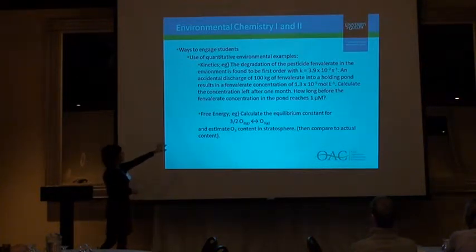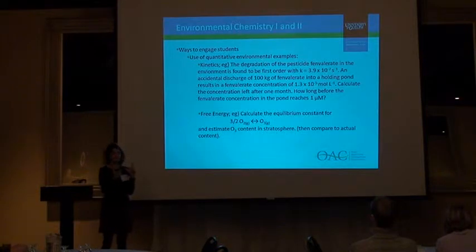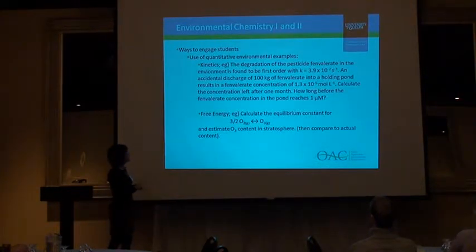And then this free energy calculation allowed us to look at equilibrium versus steady state. If you do this calculation, calculate the equilibrium constant for this reaction, oxygen going to ozone, and estimate the ozone content in the stratosphere.